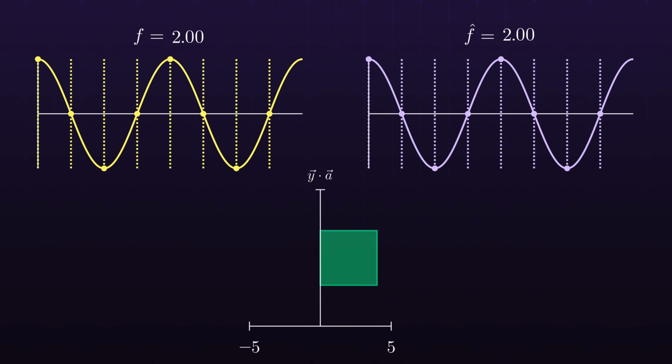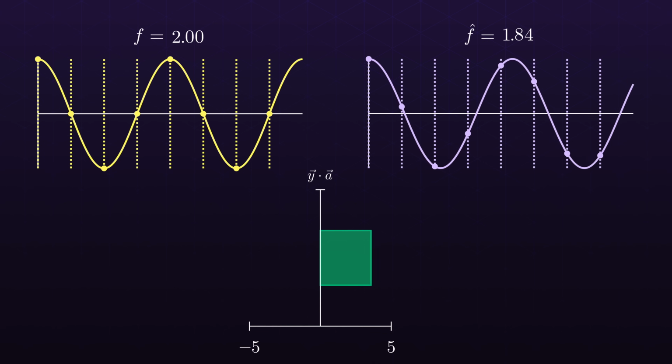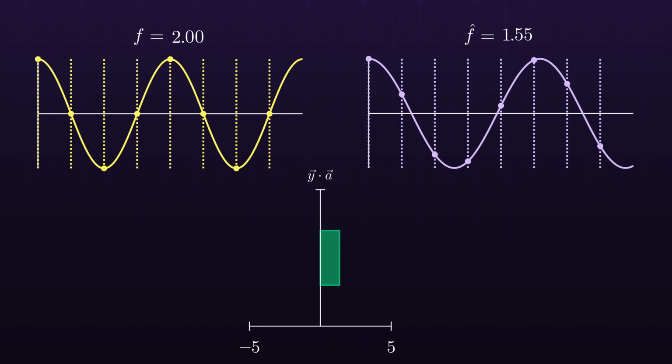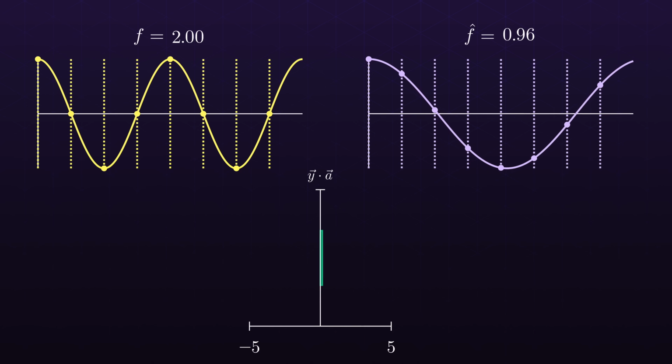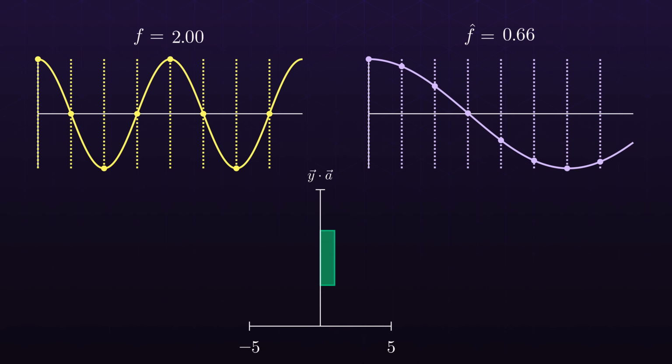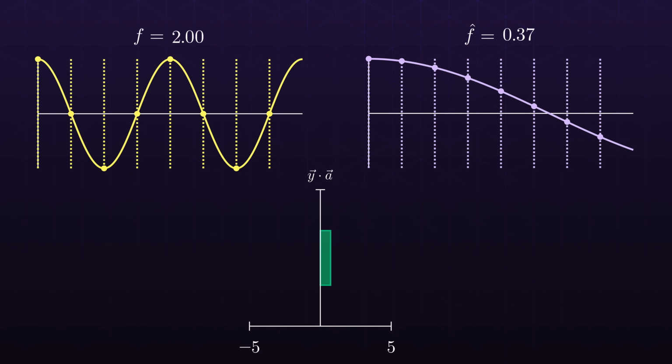So let's see what happens when we take the dot product of this cosine wave with other frequency cosine waves. Here we'll slowly adjust the analysis frequency and observe what happens to our similarity measure. One thing to notice here is that if you take any random cosine wave of some real number frequency, the contribution is actually almost always non-zero.